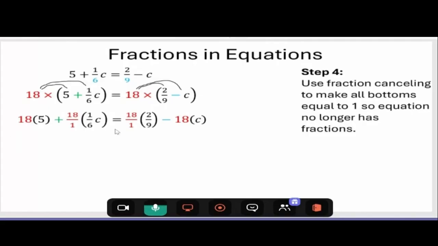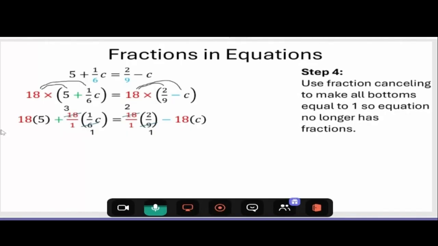Okay, let's look at these two fraction pieces now, and if I did my job right, that 6 should go away completely to a 1, and that 9 should go away completely. Sure enough, 18 and 6 cancel because both can be divided by 6. 18 divided by 6 is 3, 6 divided by 6 is 1. And 18 and 9 can cancel to 2 over 1.